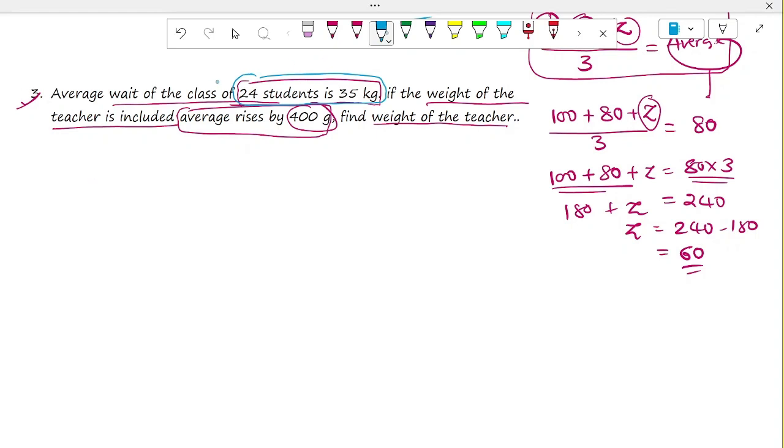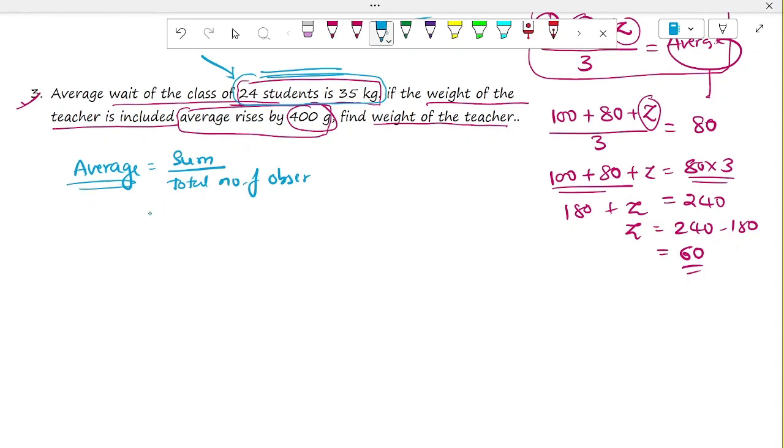Let's just try to find out what is the total weight of the students. What is the formula for finding average? Average is equal to sum divided by total number of observations. You know this. Now we'll try to write this in the equation.